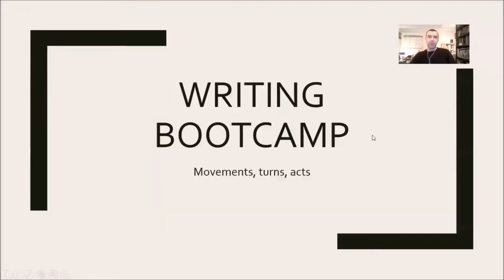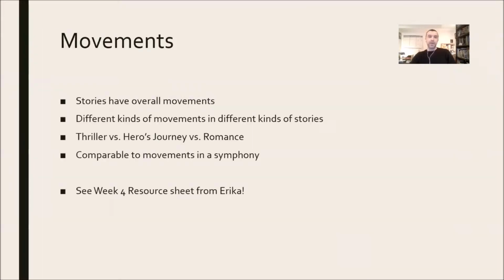This section of week 4 of the writing bootcamp focuses on movements, turns, and acts. Now, each story has a particular movement, and this can be thought of very simply as the movement of the plot in many cases.